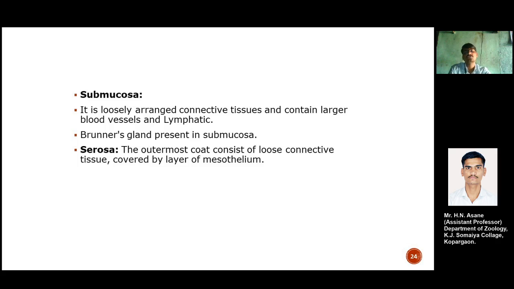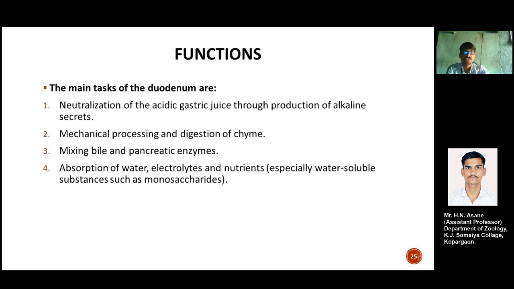The outermost coat consists of loose connective tissues covered by a layer of mesothelium. So the serosa provides the structural support for the duodenum. It is the outermost coat, consisting of loose connective tissue covered by the mesothelium layer.